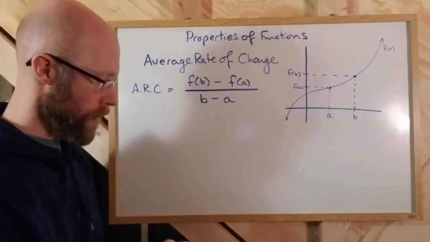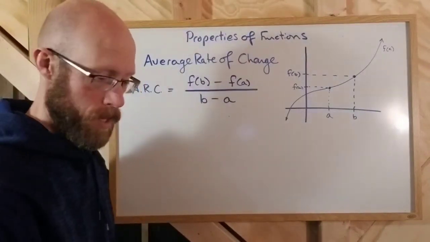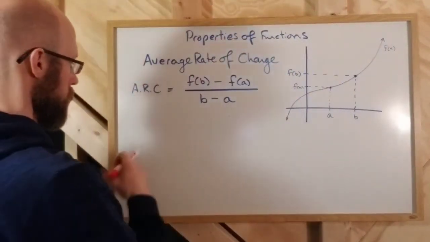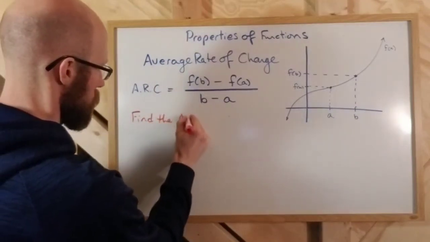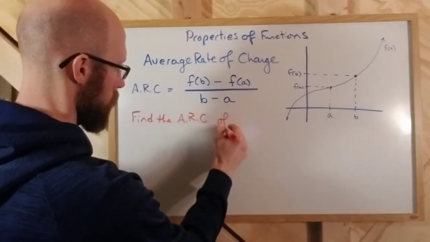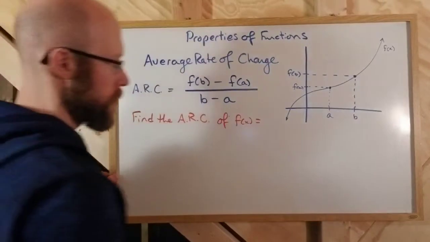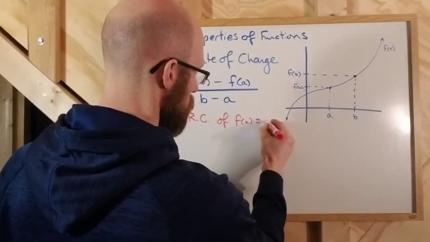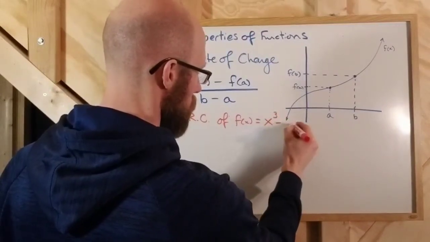Now, if I wanted to give you something more specific, let's say I wanted to find the average rate of change. I'll give you an actual function here. Let's go with the function, I don't know, let's go with x cubed minus 2.